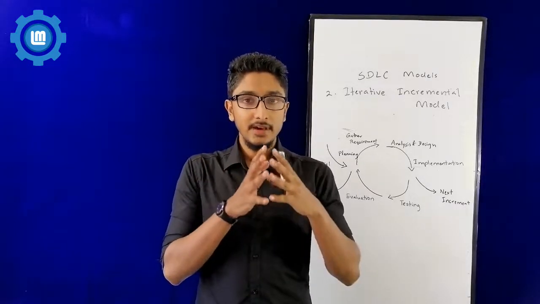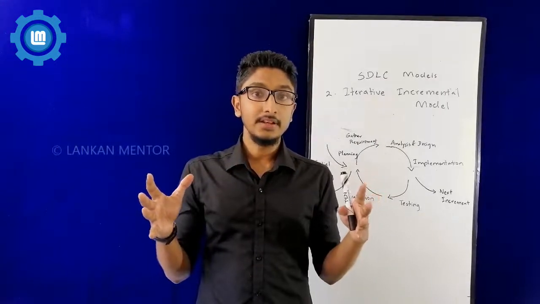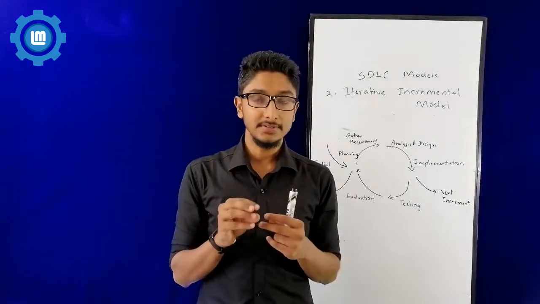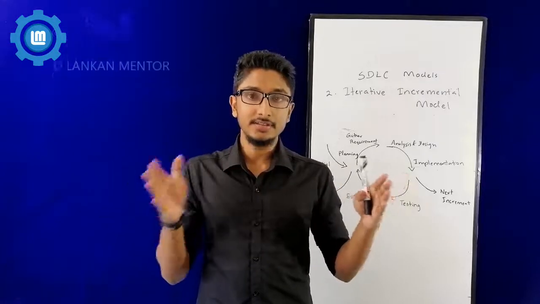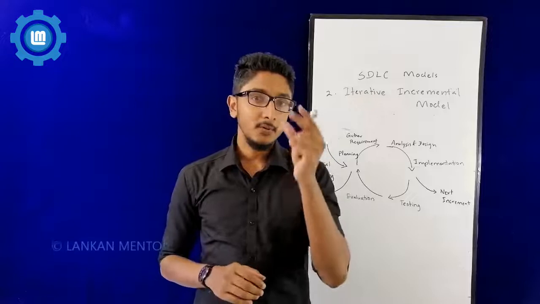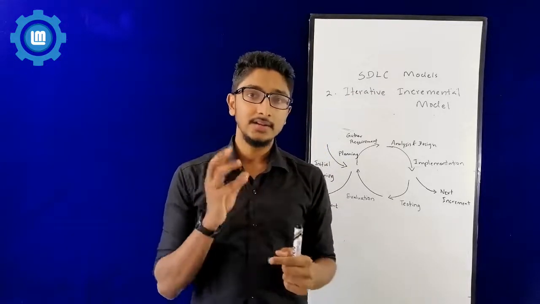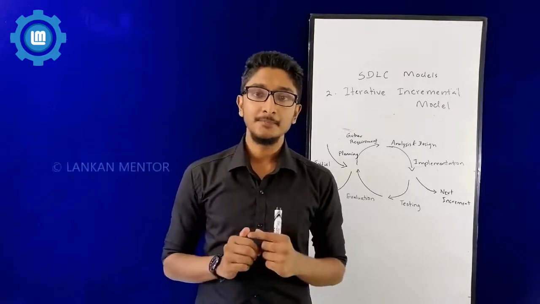Now if we have a full system, a big software to develop, then we develop it in small parts, subsystems. The whole software is divided into small components, and then we develop one small component in one cycle. In one turn, we develop one small component at a time.